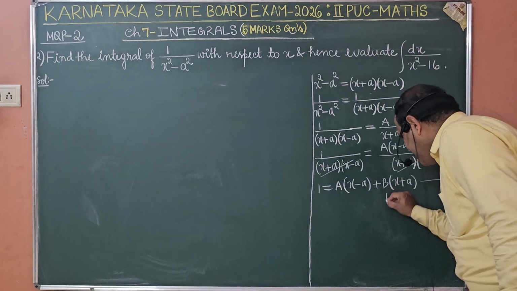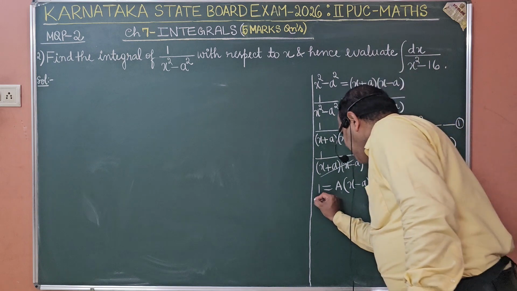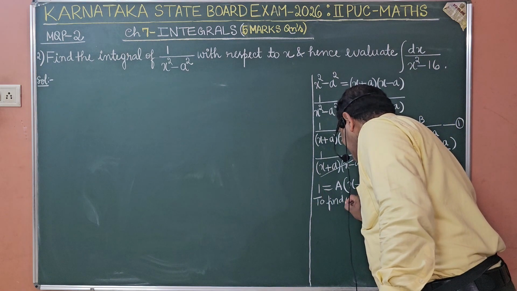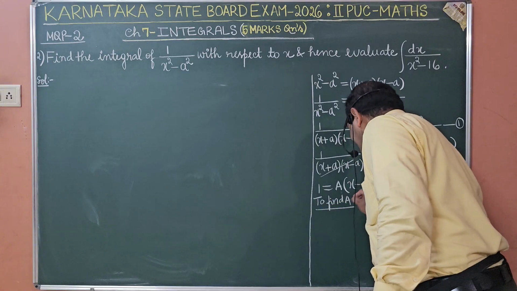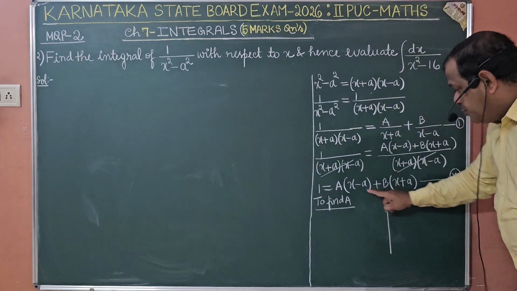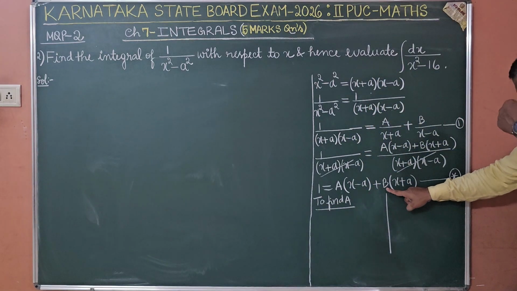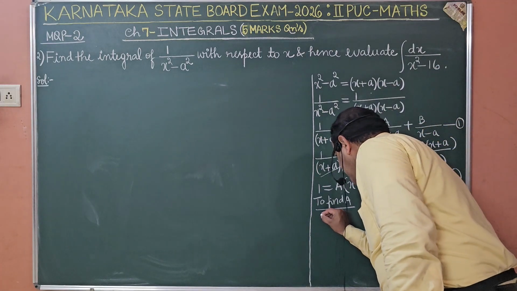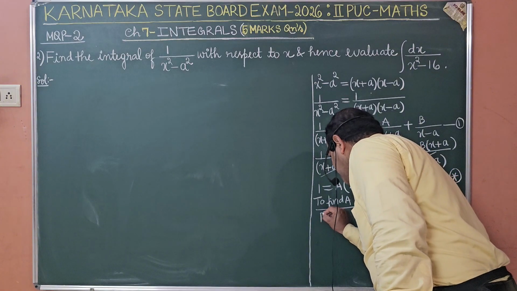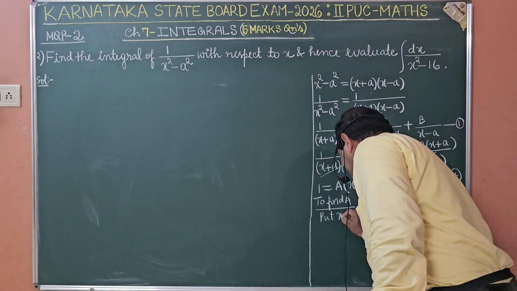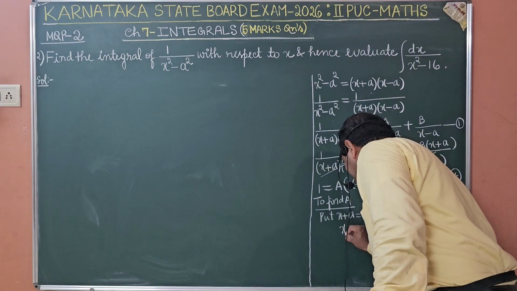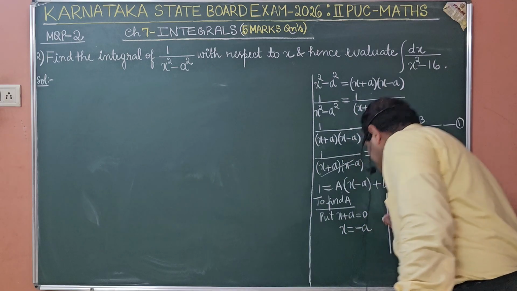If I find A first, I will write here, to find unknown capital A, you please make the coefficient of unknown B 0. The coefficient of unknown B is x plus a. Therefore, put x plus a equal to 0, that is, x is equal to minus a in equation star.